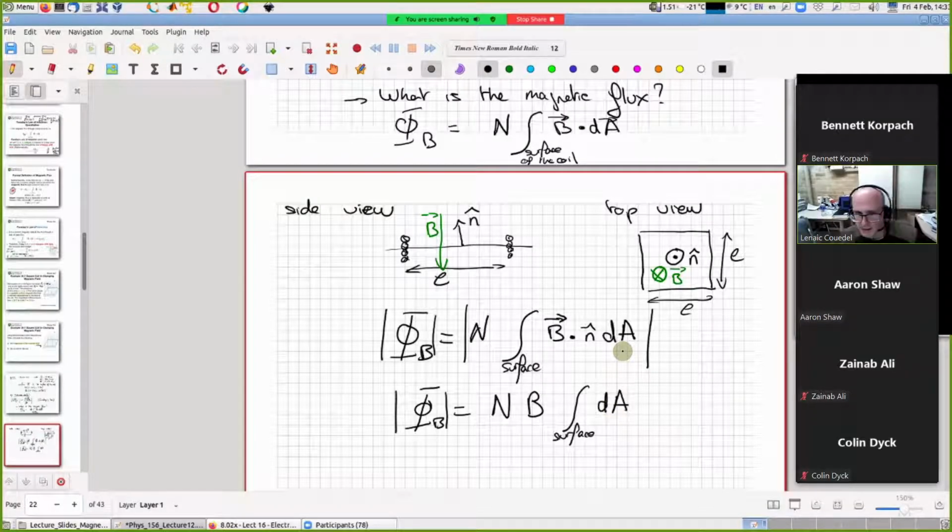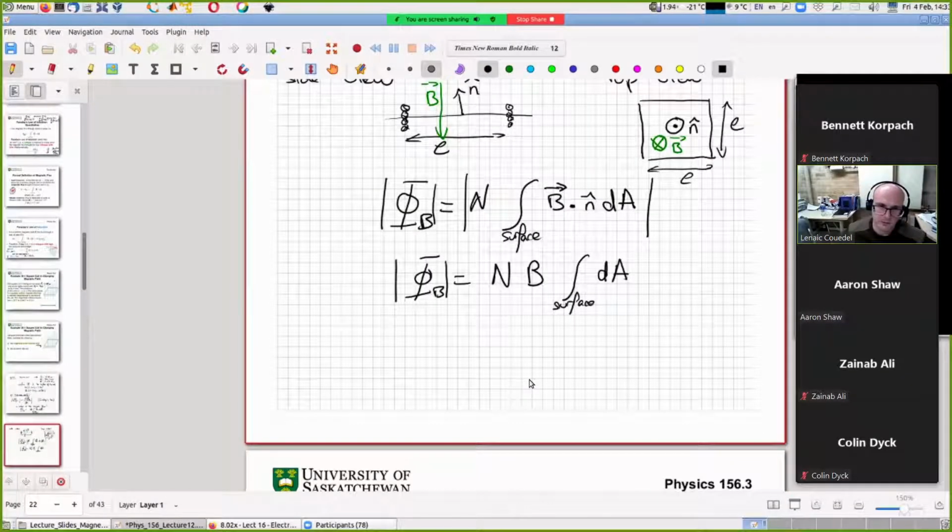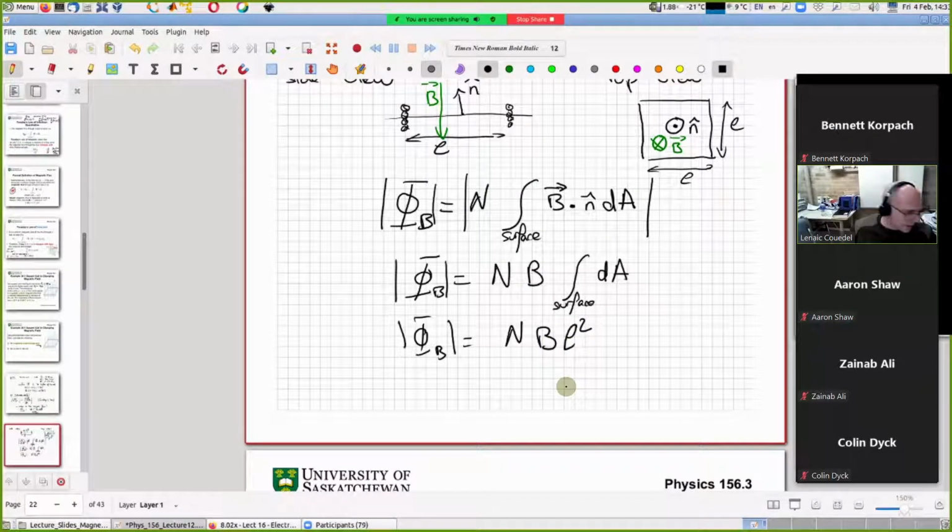So our magnetic flux here will be phi B equal N B L squared. Now that we have the magnetic flux, we can calculate the EMF epsilon. So this is directly Faraday's law.